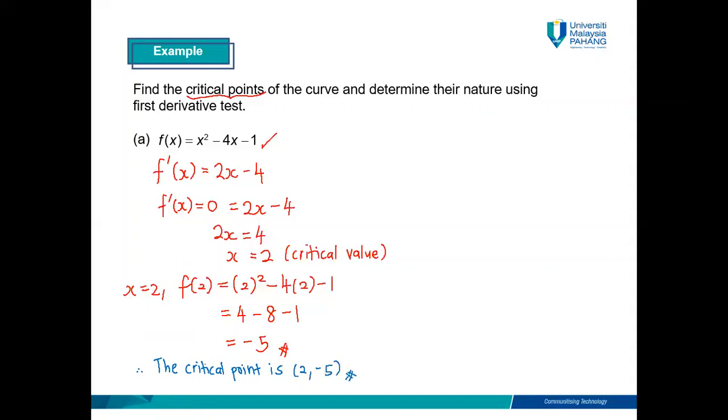Okay, that's the answer. And you are also asked to determine the nature by using the first derivative test.